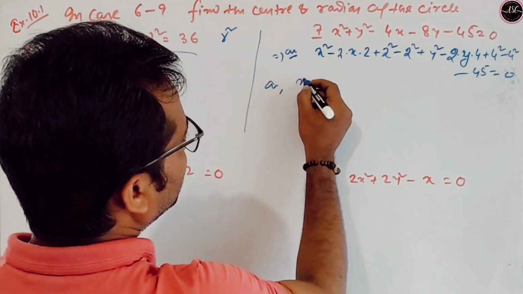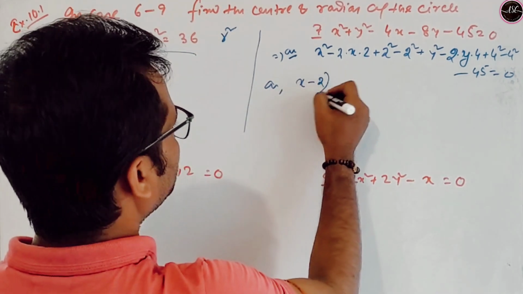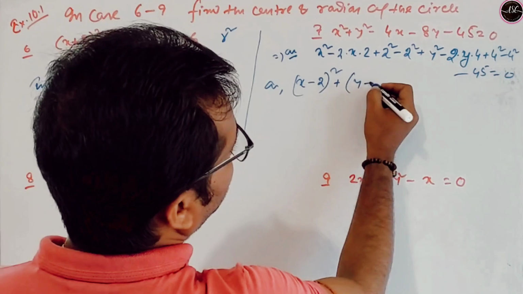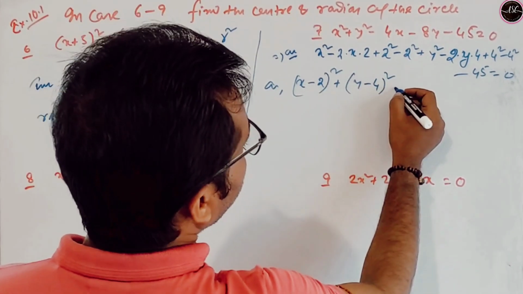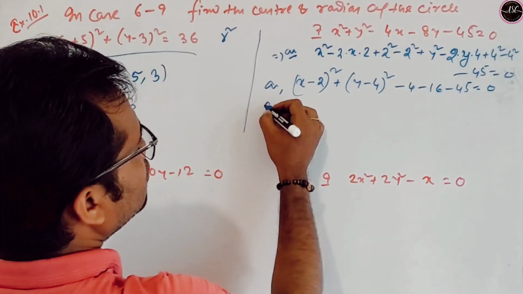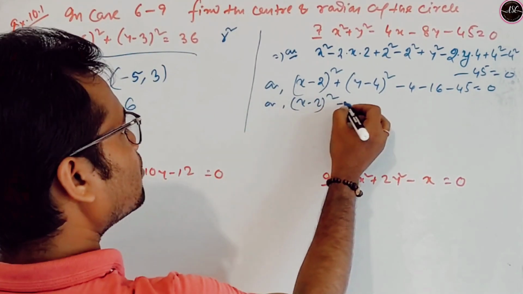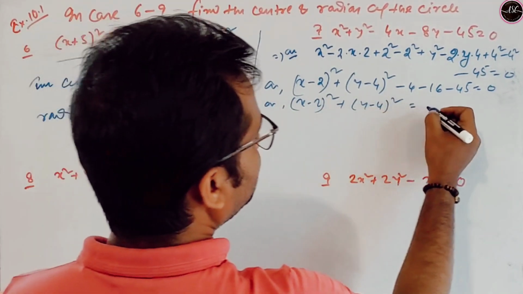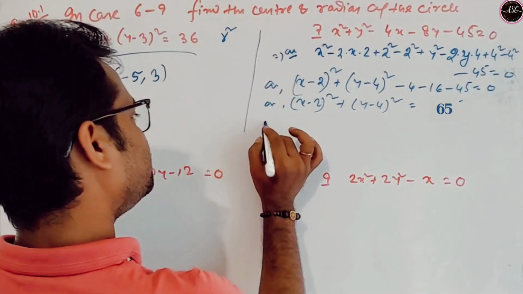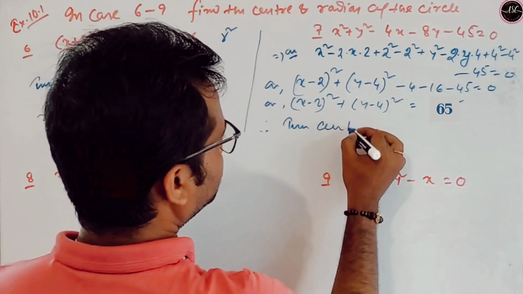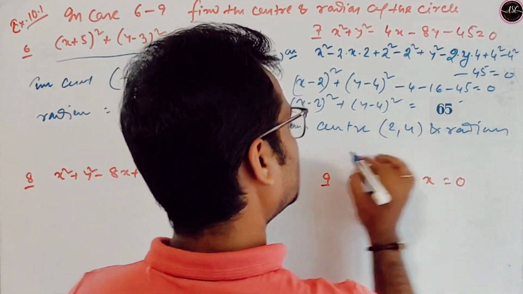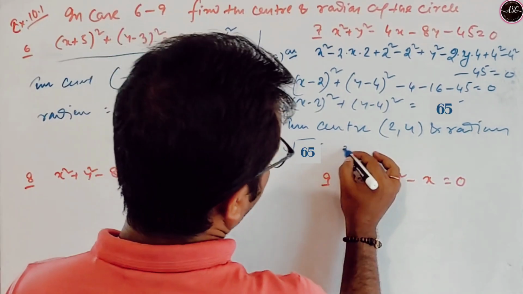Just simplify: (x minus 2) whole square plus (y minus 4) whole square minus 4 minus 16 minus 45 equal to 0, or (x minus 2) whole square plus (y minus 4) whole square equal to 20 plus 45, that is 65. Okay, so the center will be (2, 4), and the radius will be root 65.